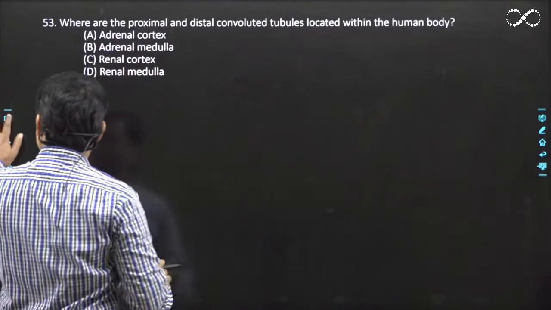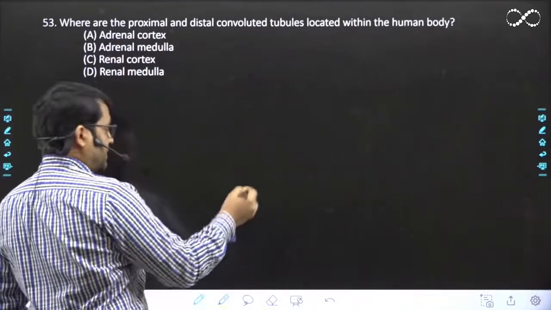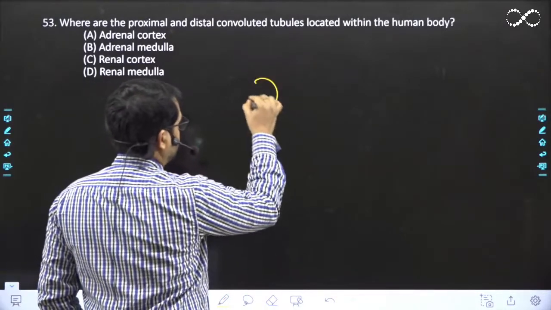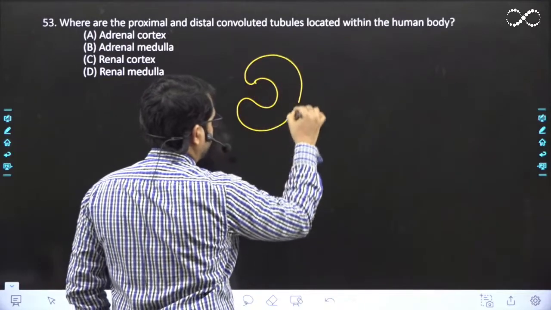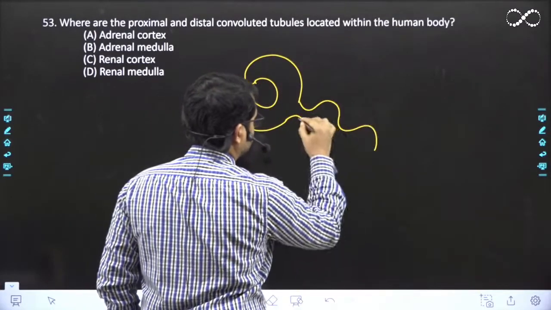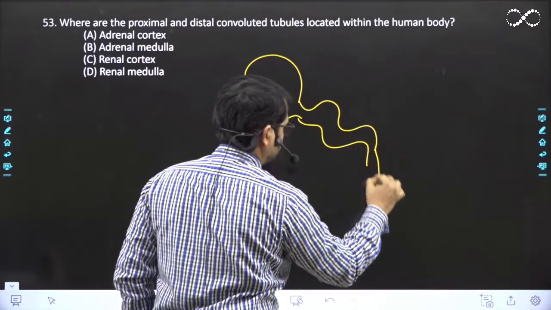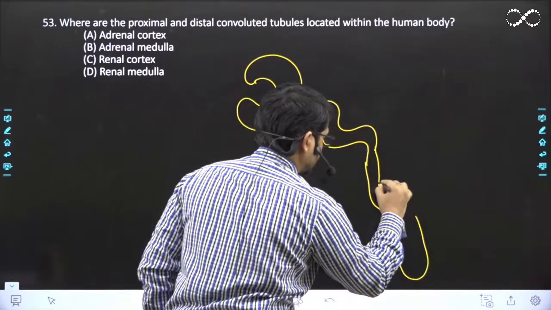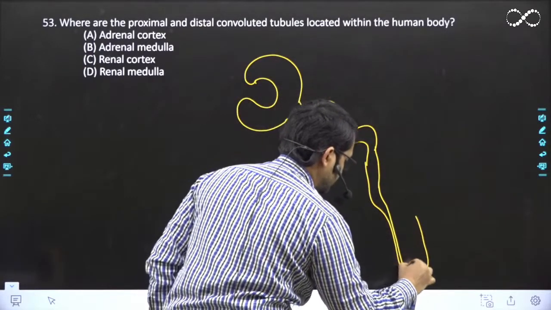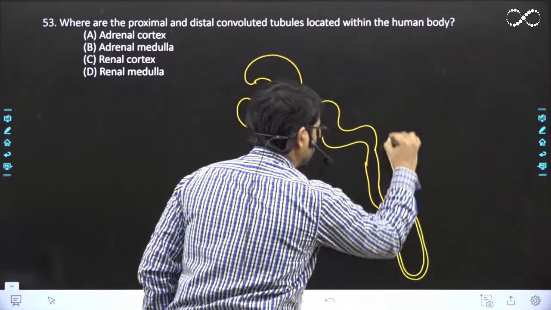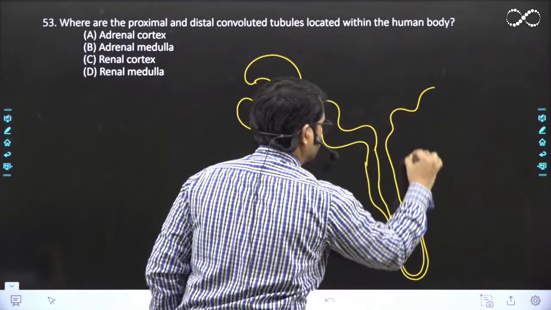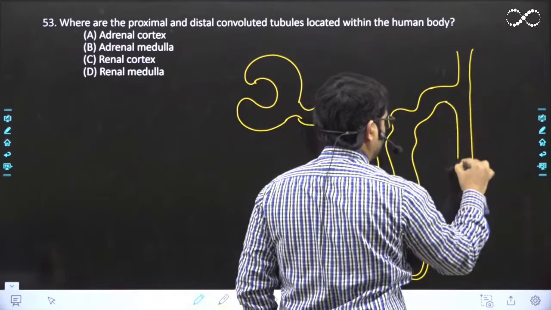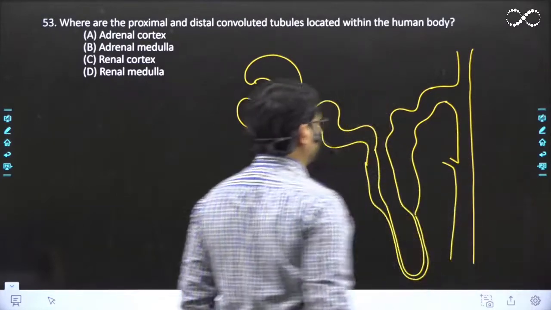See, if you look at the structure of nephron, nephron is something like this. Correct? And it flows something like this, correct?